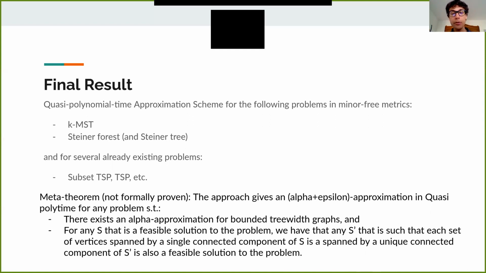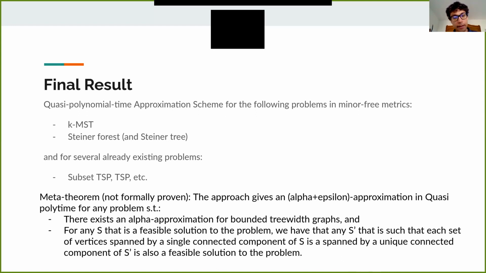And we have this meta theorem that is not formally proven in the paper, but that, by refactoring the ideas, one can prove, which says that you can get an alpha plus epsilon approximation in quasi-poly time for minor-free graphs if there exists an alpha approximation for bounded treewidth graphs, because we need that eventually at the end.